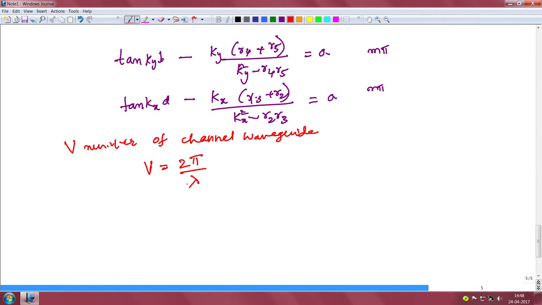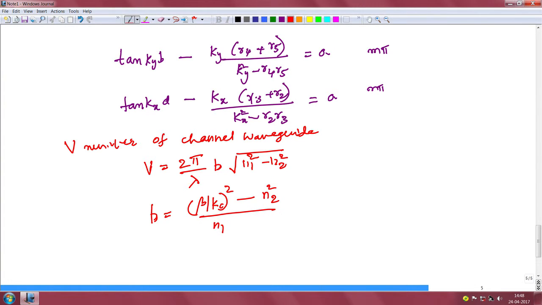As earlier, as for the asymmetric slab waveguide, it is in terms of the width parameter. We called it as B in this discussion. It can be expressed as n1 square minus n2 square, and also the normalized propagation constant B in terms of the propagation constant beta, n2 square divided by n1 square minus n2 square.